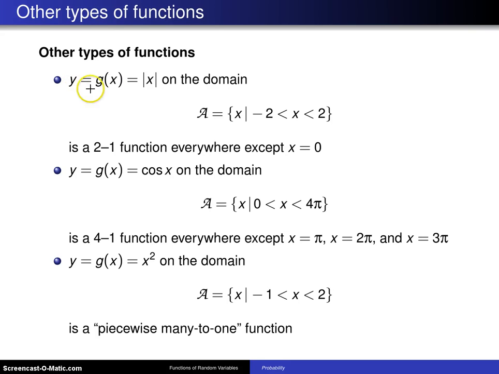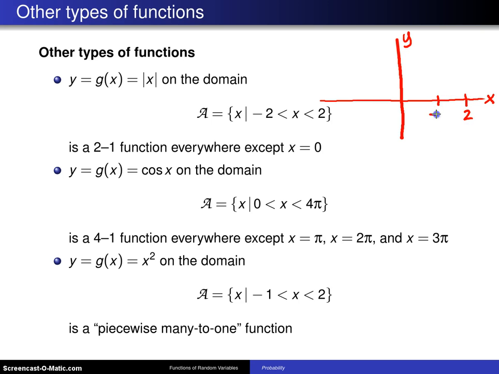The first, y equals g of x, is the absolute value of x on the domain script A, which is the set of all x values between -2 and +2. Here is a graph.